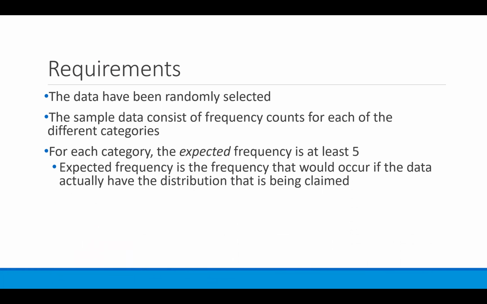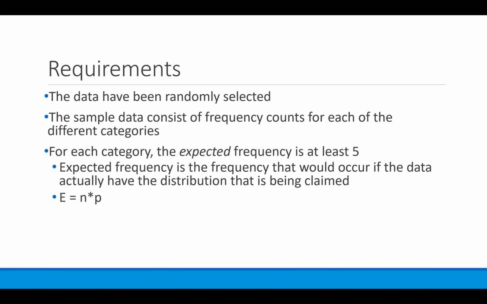Expected frequency is kind of a new term. It is the frequency that would occur if the data actually followed the distribution that we claim. So you have the observed, what really happened, the reality, and you have the expected, which is what should happen theoretically if everything worked the way it was supposed to, based on the claim or the distribution that we're using.